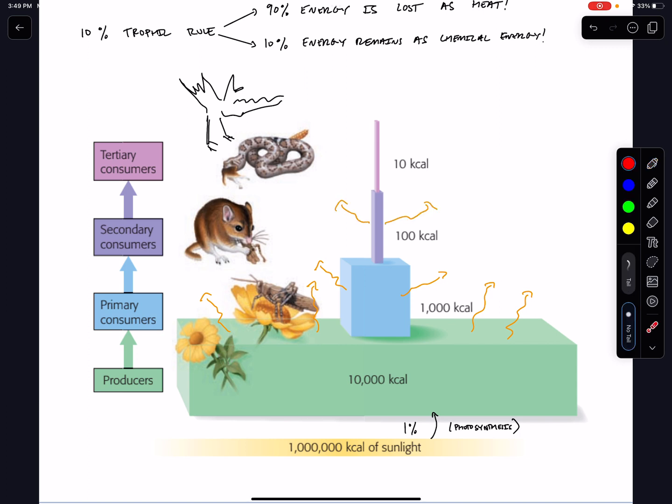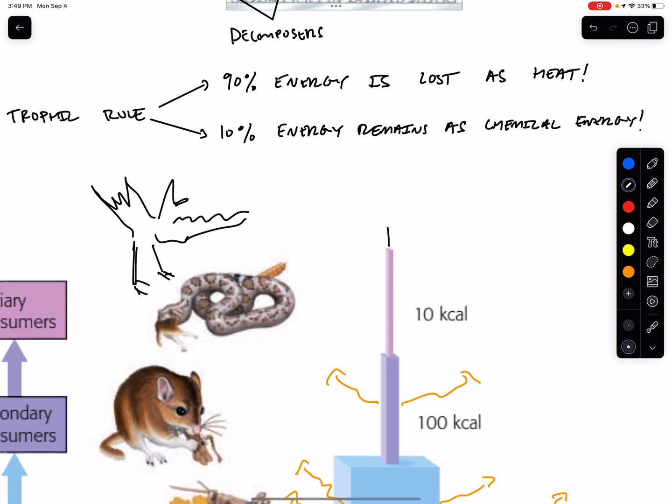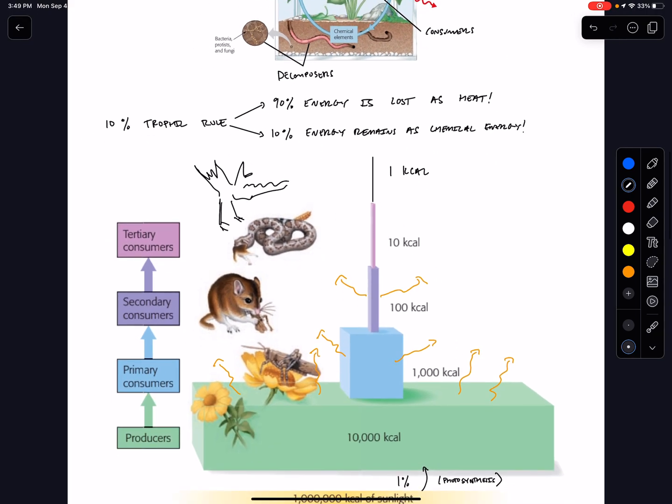And so if we were to measure the amount of energy that's stored in our secondary consumer trophic level, we would see that it is 1/10 of the amount of our primary consumers, and so on and so forth, until if we get up to the tippity top where we have our hawk system, there's only 1 kilocalorie worth of energy.